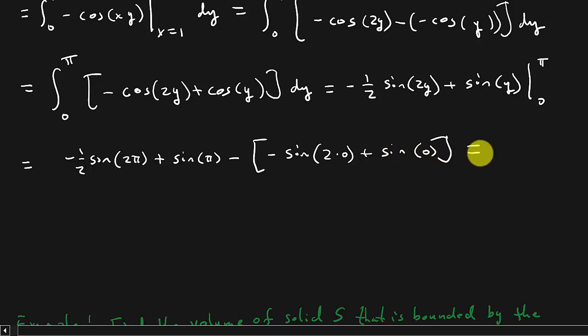Wow, that worked out pretty good for us, didn't it? The sine of 2 pi is 0, the sine of pi is 0, and the sine of 0 is 0. So this is just actually 0.